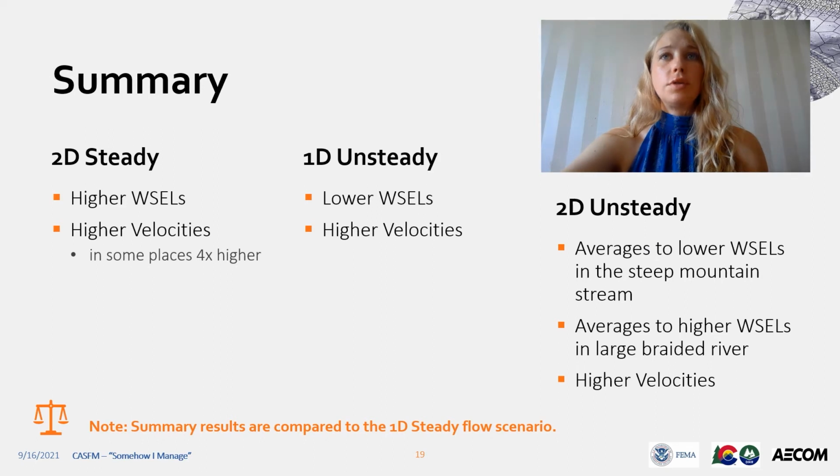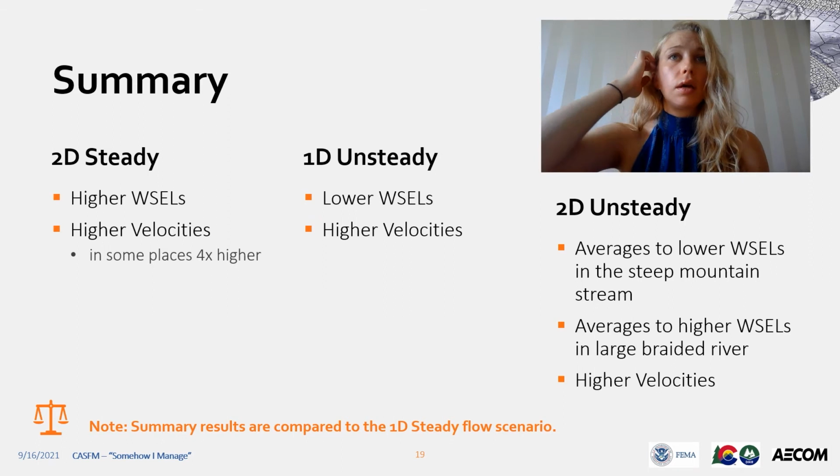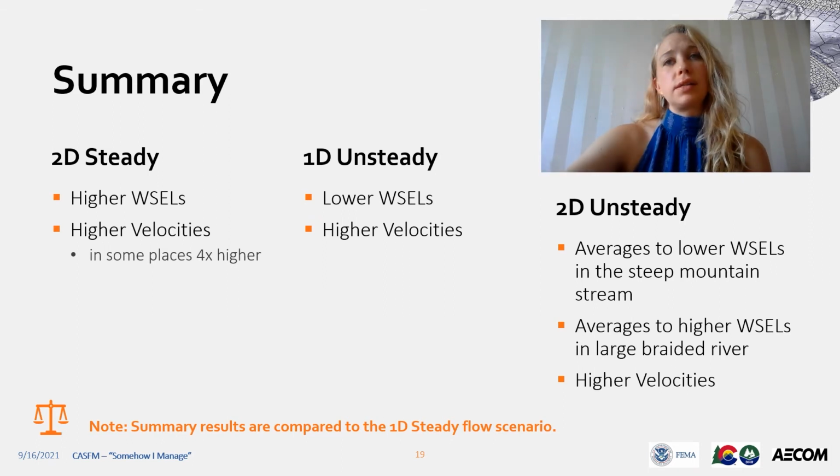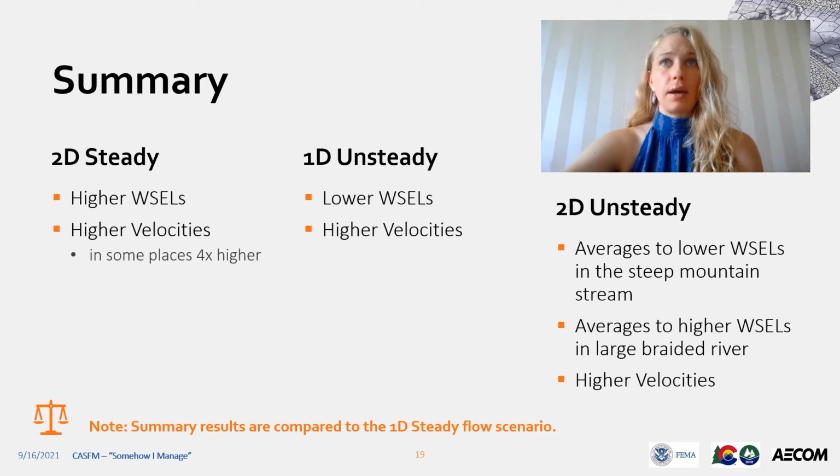So generally, here are the trends that we saw between our tests. For the 2D study, we saw both higher water surface elevations and higher velocities. In some cases, we saw velocities that were 4 times as high as the 1D study calculations. For the 1D unsteady, we saw lower water surface elevations, possibly due to differences in volume, and again, we saw higher velocities.